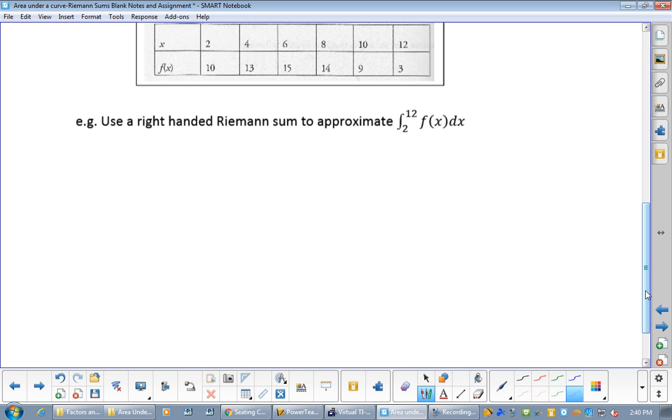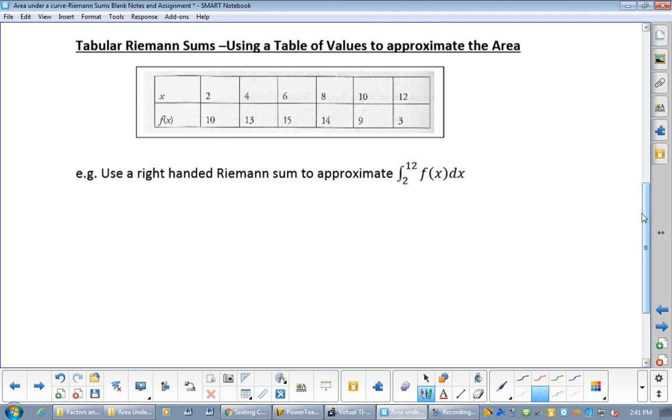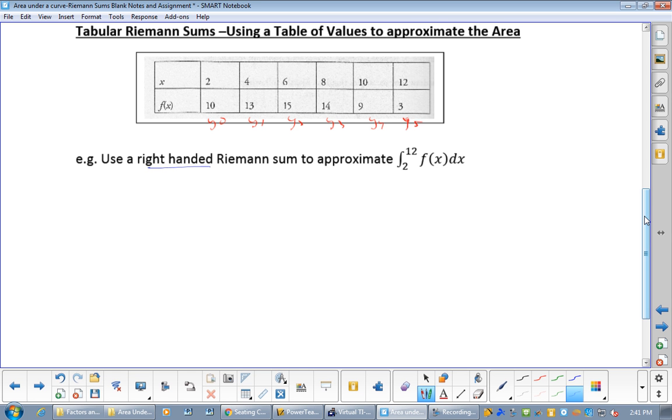So first of all, I'm going to label stuff. This is y0, y1, y2, y3, y4, and y5. If we use the right-handed Riemann sum, that means we're going to start with y1, right?